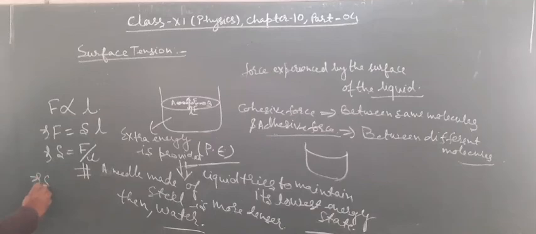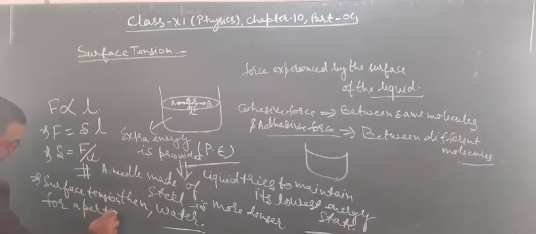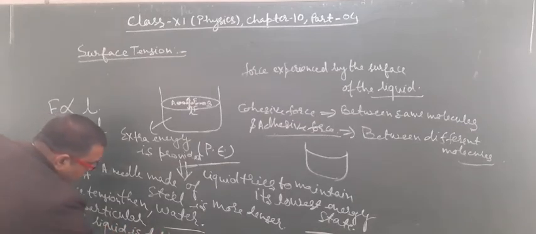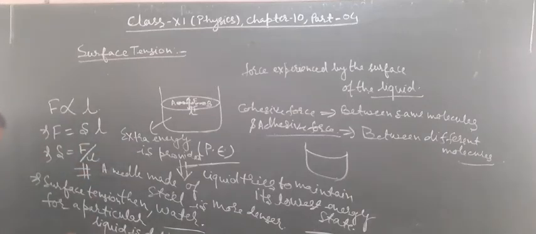So surface tension for a particular liquid is defined as force per unit length.